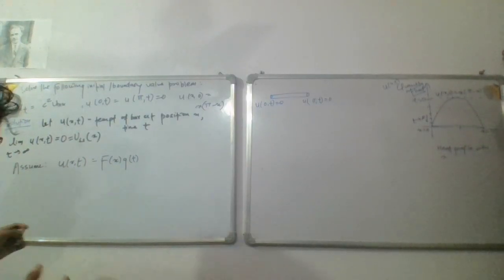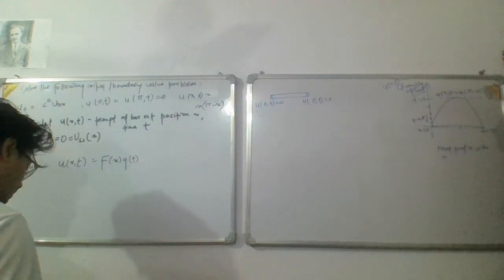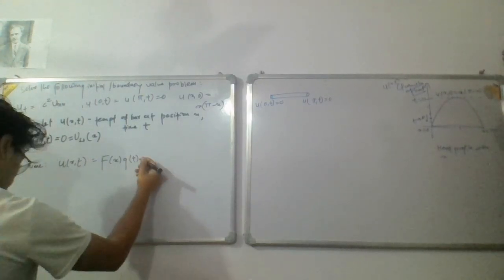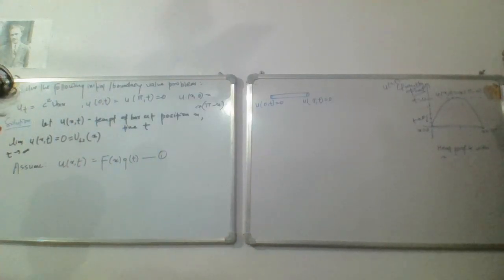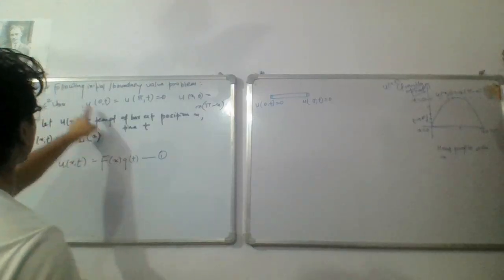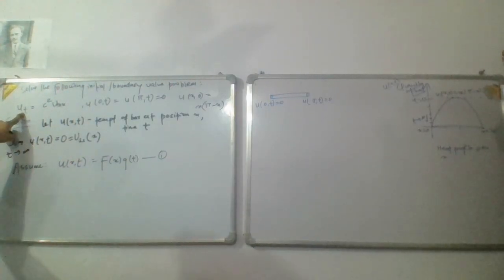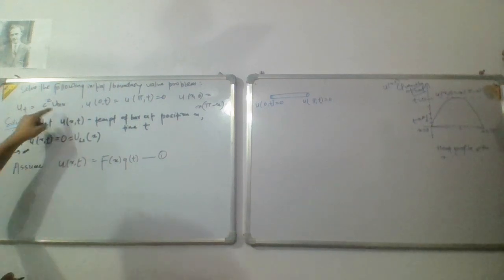I don't know how to say it, but you will get that in just a moment. This is what we consider the solution to be. In any question we can consider this, we always consider this. Then we will try to find the partial derivative with respect to t and the second order partial derivative with respect to x.